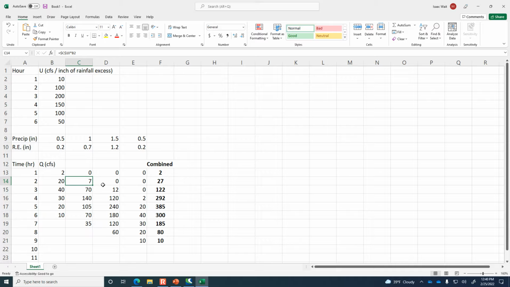And then, like in the third hour, we start to see the third pulse of rainfall kick in, and so on and so forth. So this is the overall hydrograph of what we would predict to see if all of these assumptions hold true.